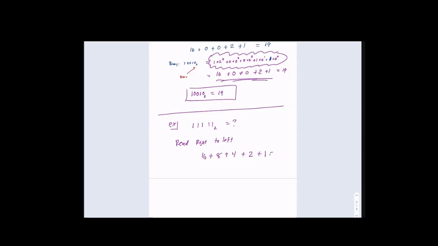And what number does that give me? 31. So there are 31 possibilities, and if you think about it like in color palettes or in pixels, there are a lot of different ways to talk about it in a 4-bit world.